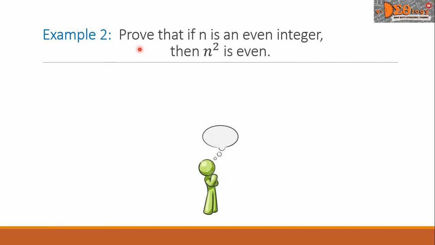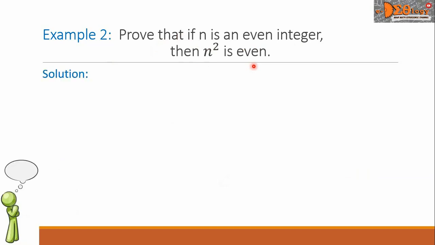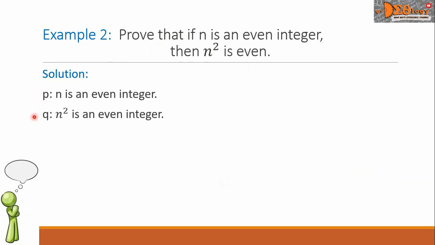Example 2, prove that if n is an even integer, then n squared is even. For our solution, you may wish to write the P and the Q here. The P is n is an even integer, while the Q is that n squared is an even integer.